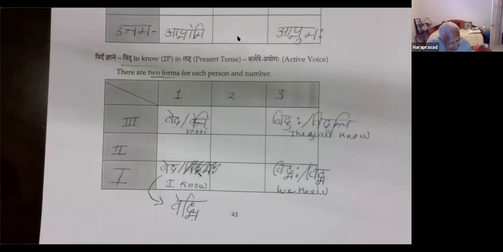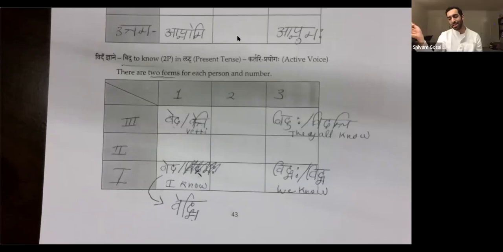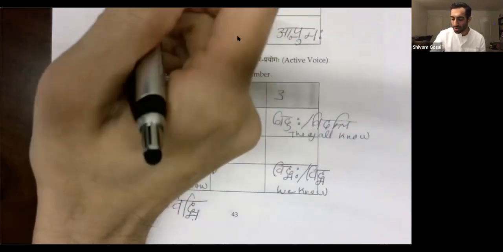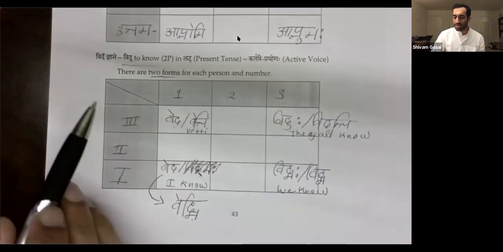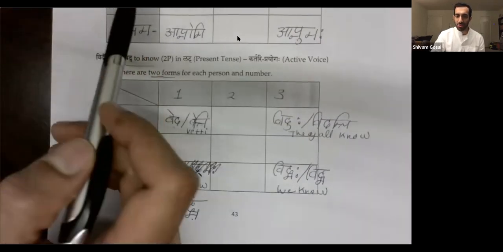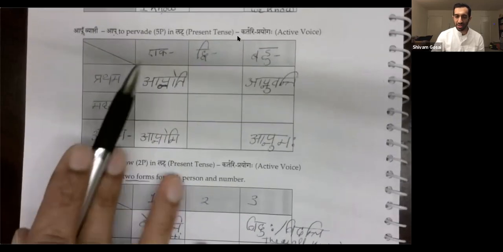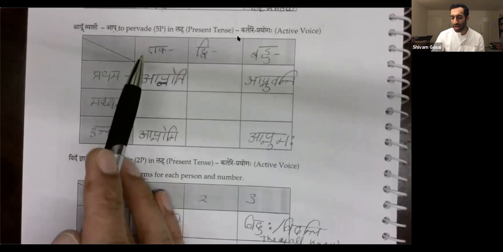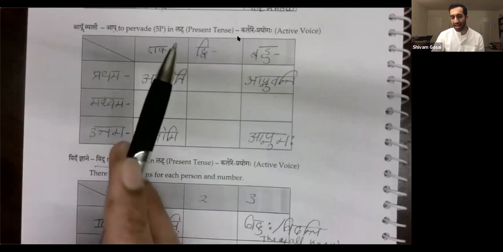What you say pervades, it is to gain, right? Yeah, that's a good question. So prapnoti could mean to pervade, but sometimes when we add that upasarga, it can also mean to gain.